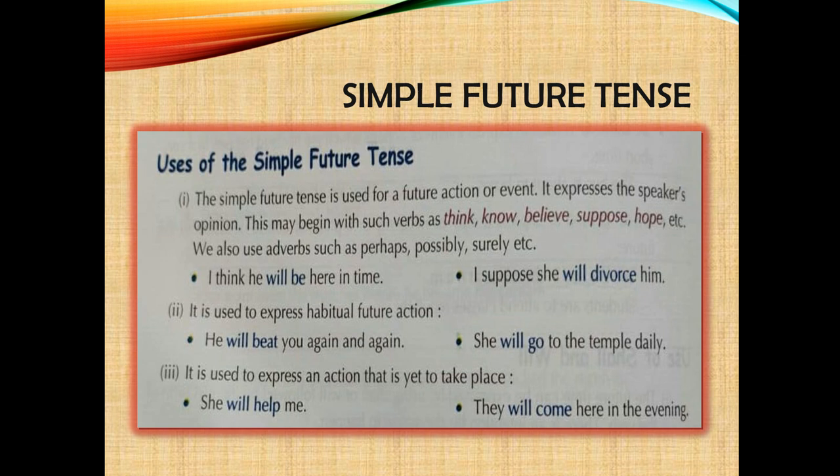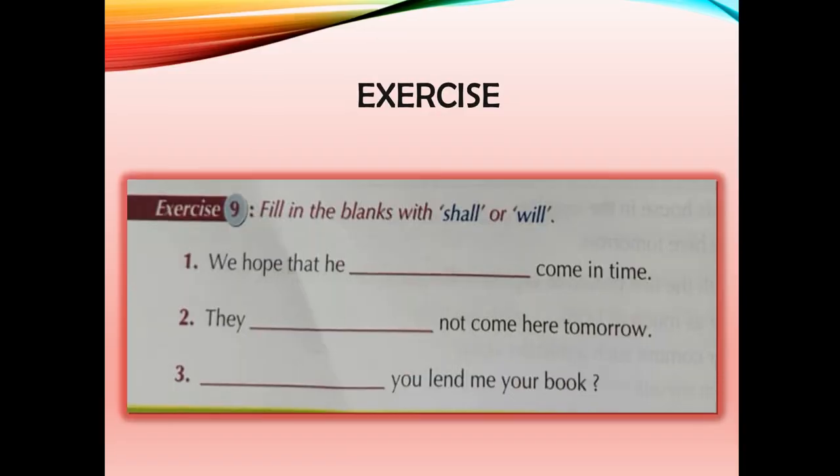So, children, these are some of the uses of simple future tense. Now, let's see an exercise related to it. Fill in the blanks with shall or will. Let's see the first one.